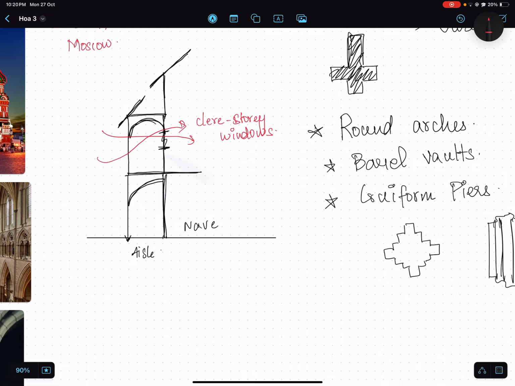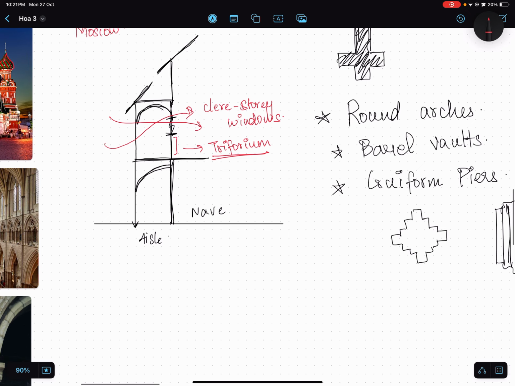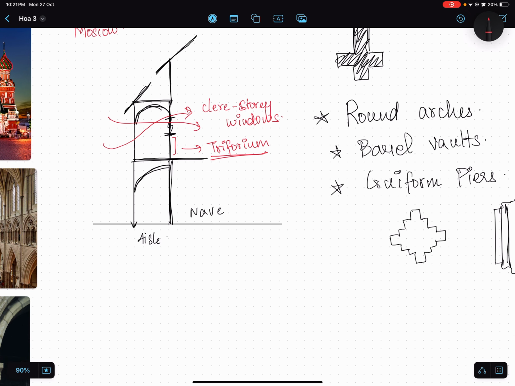And below the clerestory window, or sometimes even above it or at it, there is something called triforium, which is a series of arches. Sometimes they had a passage to it, sometimes it was just blind ornamentation, and if it has a passage, it was used by the cleaners to clean, or to hang tapestry during celebrations and so on.